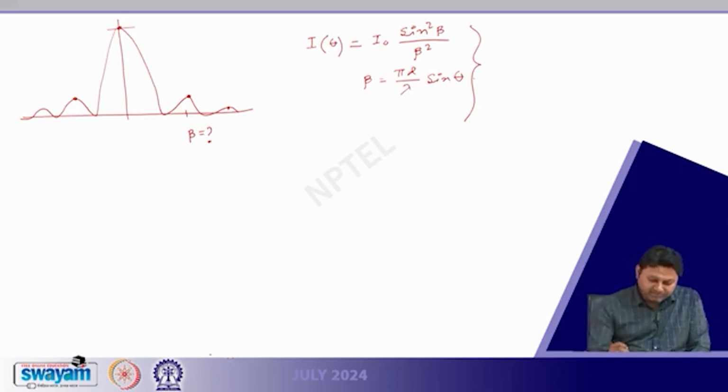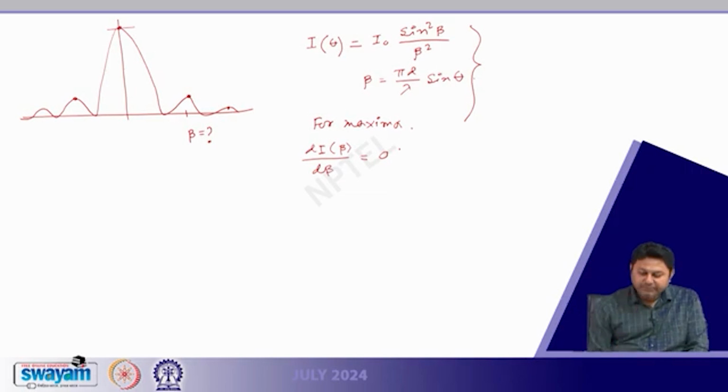So, for maxima, the intensity, which is a function of beta, if I take the derivative with respect to beta, that is essentially 0. That is the condition for the maxima: the derivative of the intensity with respect to beta should be 0.